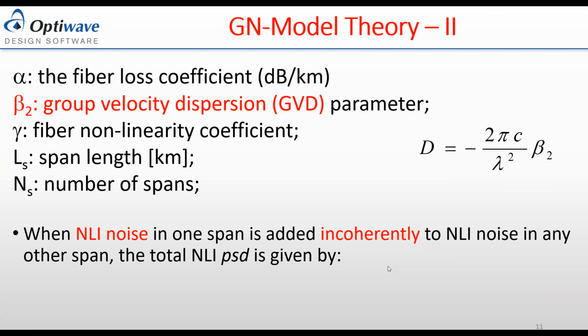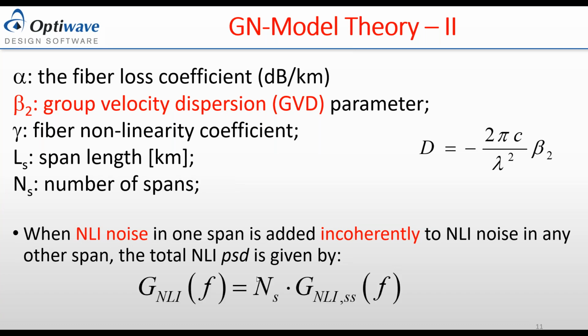So if we have a multispan transmission system, the noise due to nonlinearity can be added up incoherently or coherently, depending on a question we're going to show you next. Based on this, the general formula for the power spectral density of the nonlinear interference would be calculated.